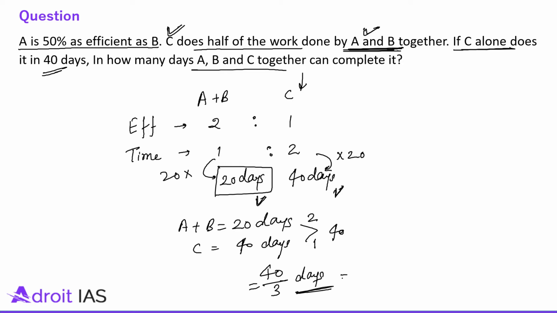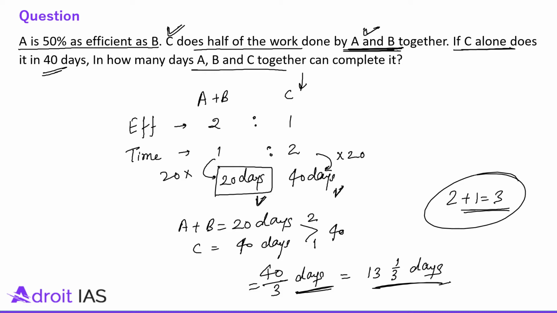So 40/3 days means 13 and 1/3 days, right? This is the answer. When A, B, C together are working, they will be doing 2 plus 1, 3 units per day, and they need to finish 40 units of work. So they will be taking 40/3 days. So 40/3 is 13 and 1/3 days, right? This is the answer. It's a very simple question.